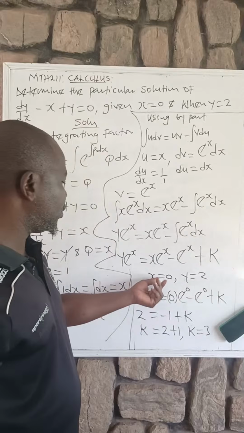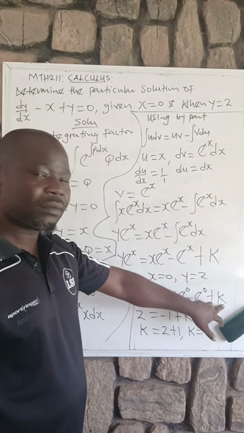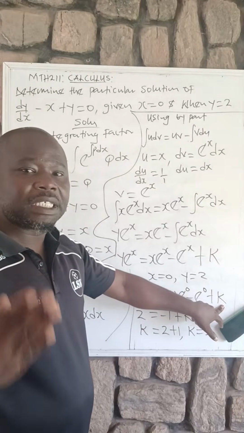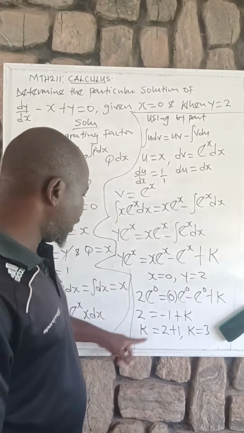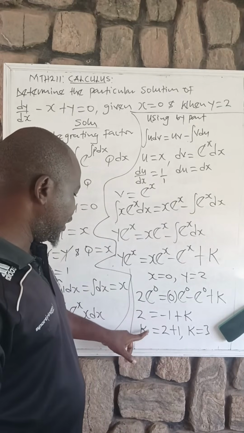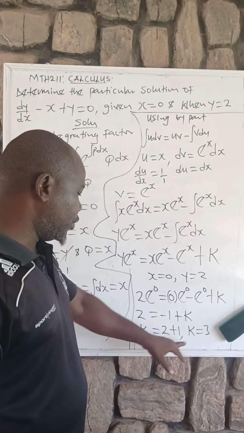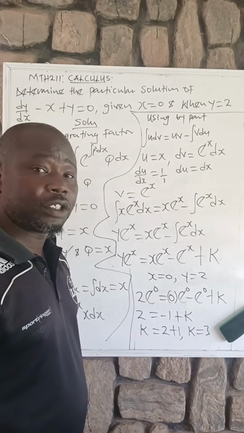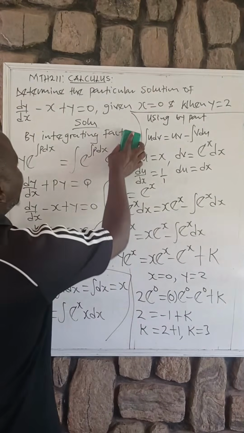So we have to substitute anywhere we see x and y to obtain our particular solution, first obtaining the constant. Now when we substitute, k is equal to 2 plus 1. Then k is equal to what? 3.